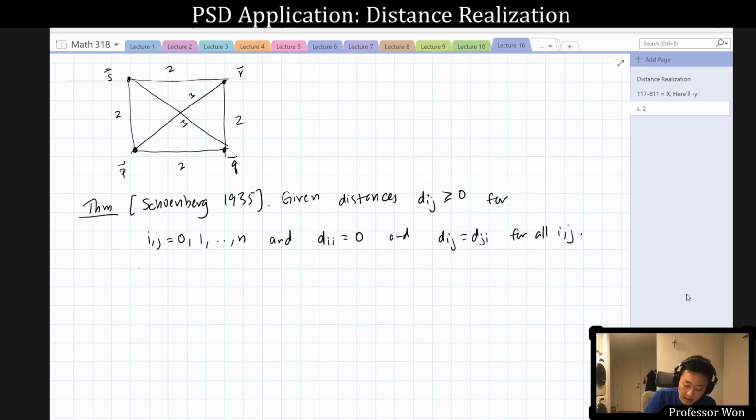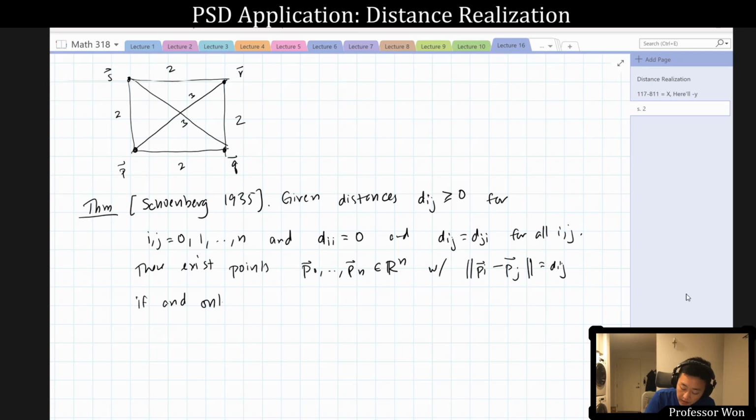Okay, then there exist points P0 up through Pn, and these points are actually in Rn, which is why we started the numbering at 0, I guess, because otherwise you have to write n minus 1 here, with the distance from Pi to Pj equals dij, if and only if the matrix M, whose entries are going to be Mij, this is going to be an n by n matrix with entries.